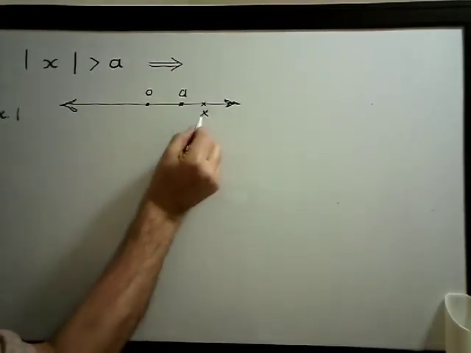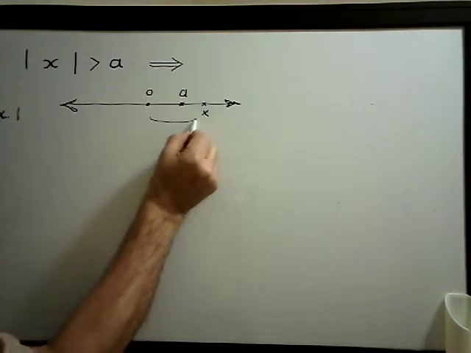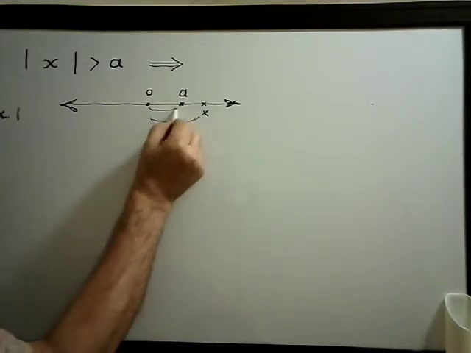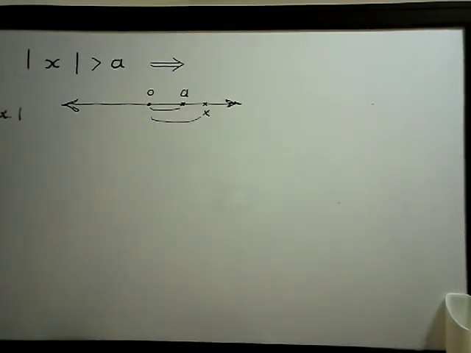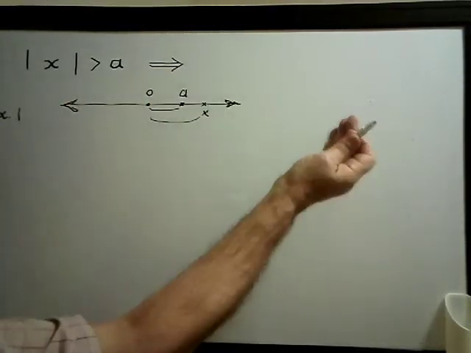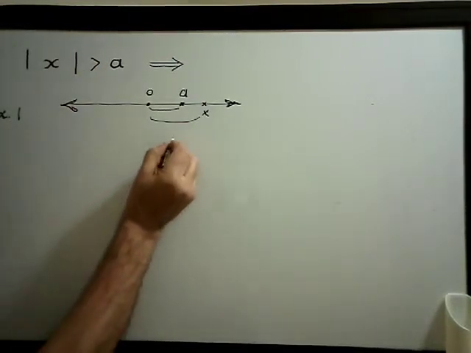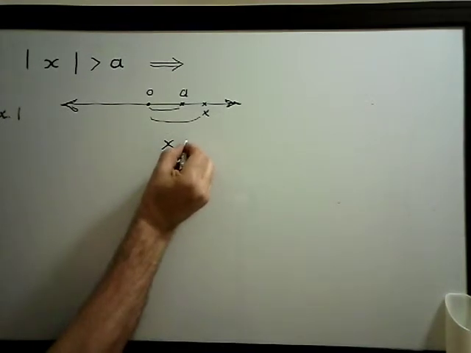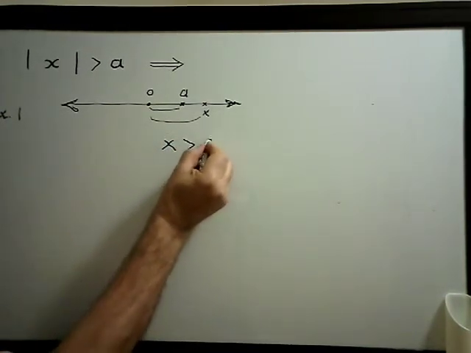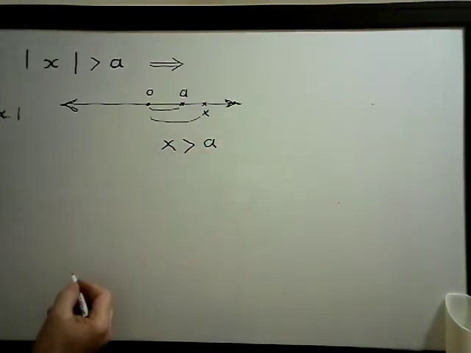So the distance between 0 and x is greater than the distance from 0 to a. When this happens at the right side of the 0, we can write x is greater than a. This is the first case.